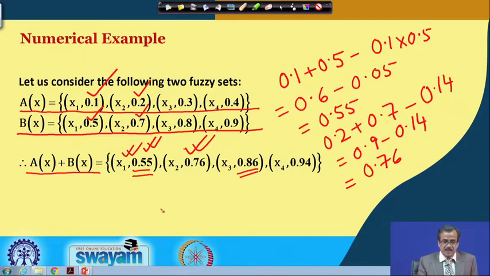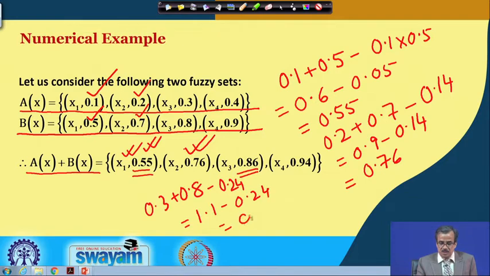Similarly, corresponding to x 3, it will become 0.3 plus 0.8 minus 0.24. So, this is nothing but 1.1 minus 0.24, and this is nothing but 0.86. So, you will be getting 0.86. Similarly, by following the same method corresponding to x 4, I will be getting 0.94. So, this is the way actually we can find out A x plus B x.